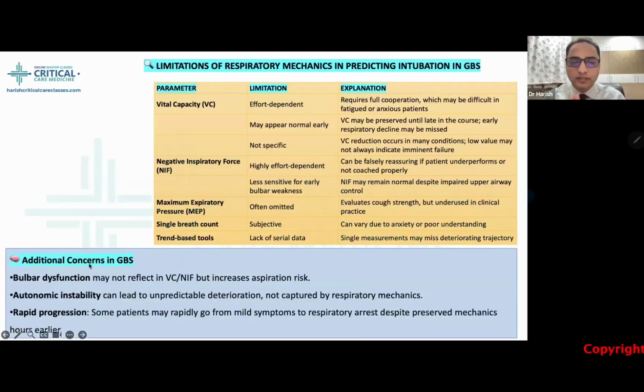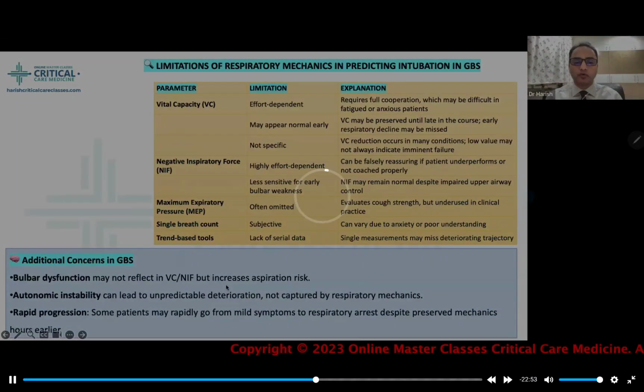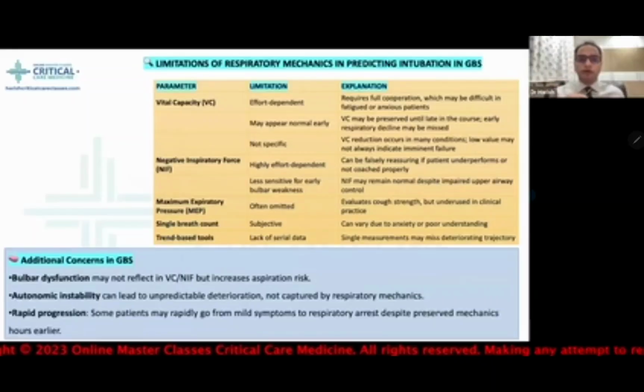An additional concern in GB syndrome is that bulbar dysfunction may not be reflected in vital capacity or negative inspiratory force, but increases aspiration risk, and then also we need to intubate the patient. Autonomic instability can lead to unpredictable deterioration not captured by respiratory mechanics.